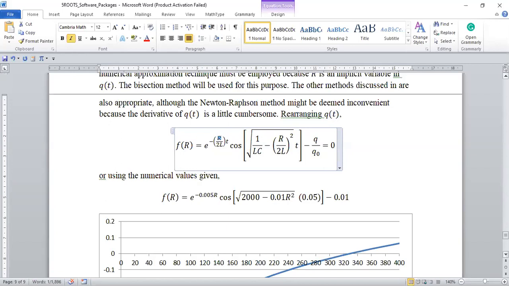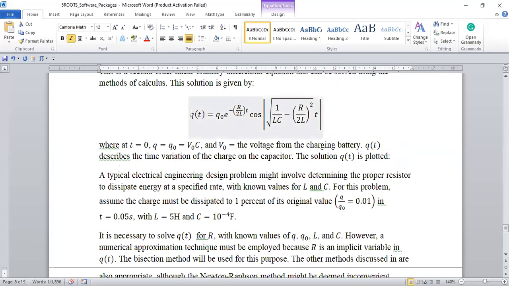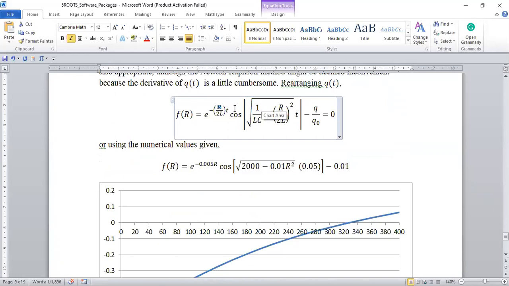I told you that all you need to do is divide both sides by Q naught, bring Q divided by Q naught to the other side, then equate it to 0. So we've reduced the problem to finding when f of r is equal to 0. The point at which this function is equal to 0 will give us the resistance we are looking for.